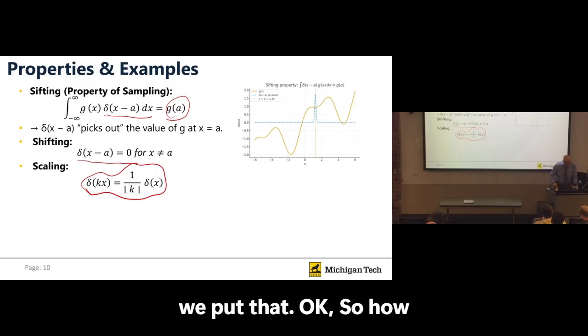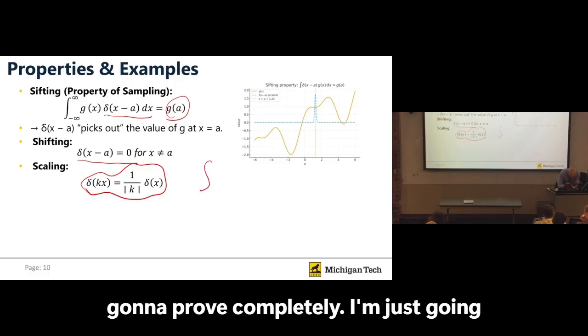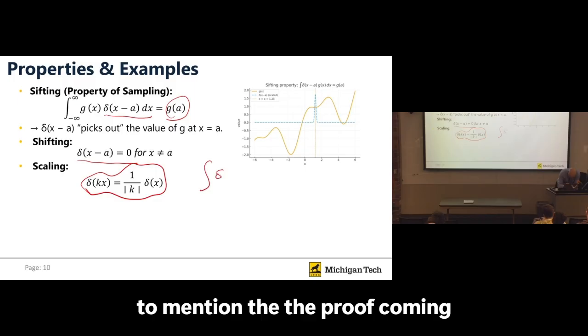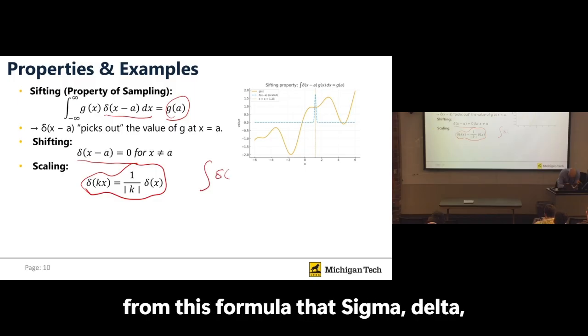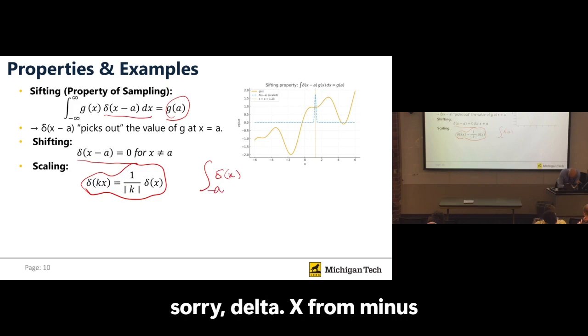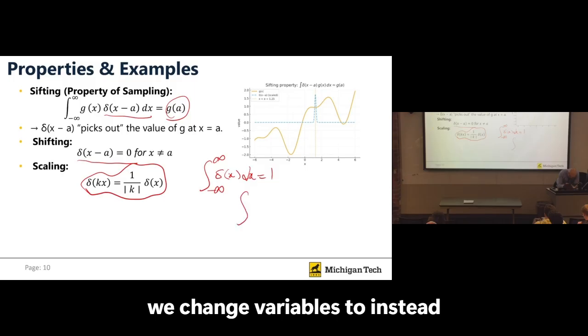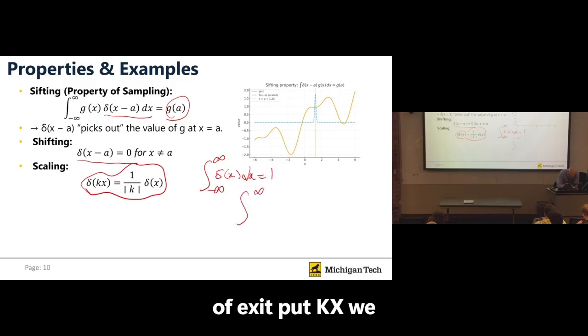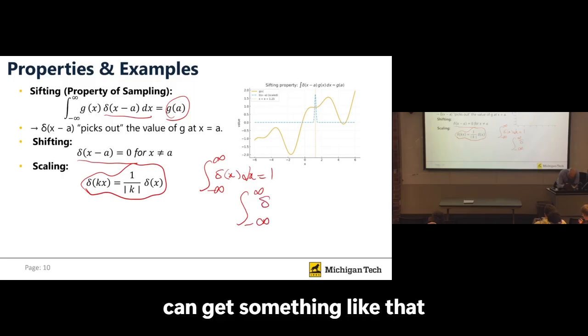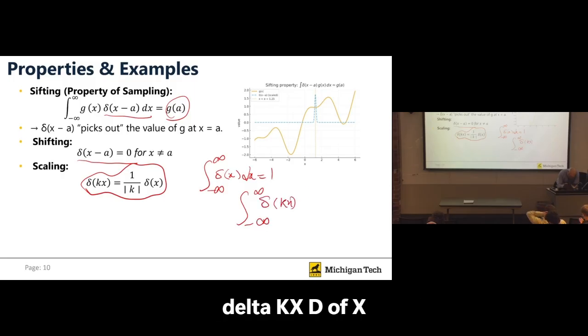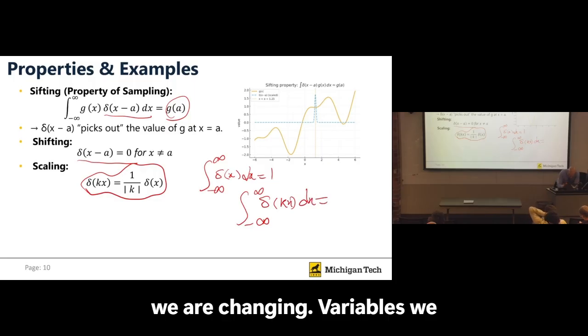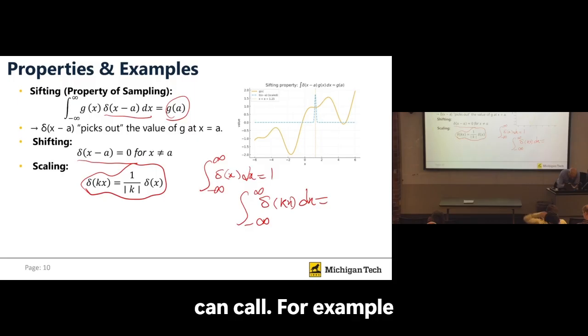Okay, so how can we prove that? I'm not going to prove it completely. I'm just going to mention that the proof comes from this formula: the integral of delta of x dx from minus infinity to infinity is 1. If we change variables, instead of x we put kx, we can get something like that: delta of kx dx. We call it, for example, u, that is kx.